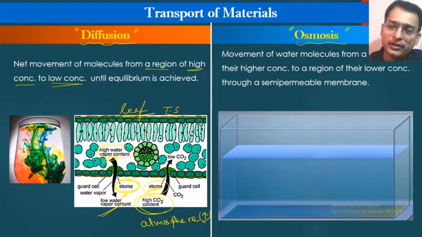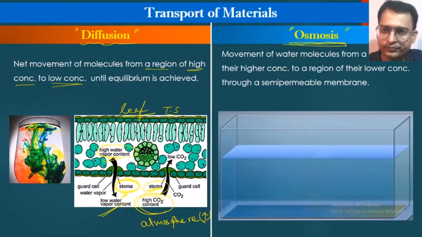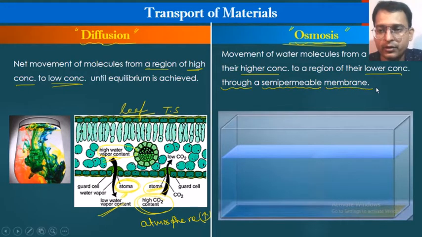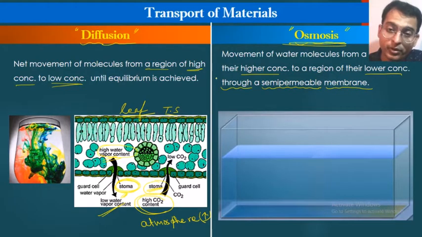Let us compare that with the process of osmosis. Okay, osmosis. What does the definition say? The movement of water molecules from a region of higher concentration to a region of lower concentration through a semi-permeable membrane. Okay, this is very important.